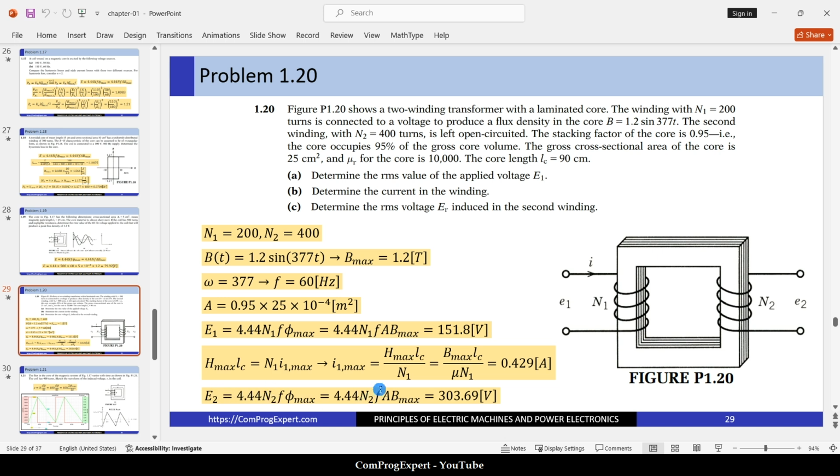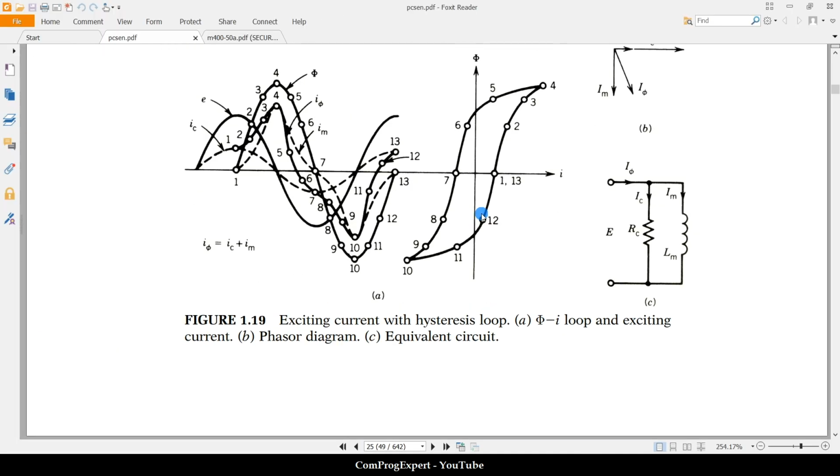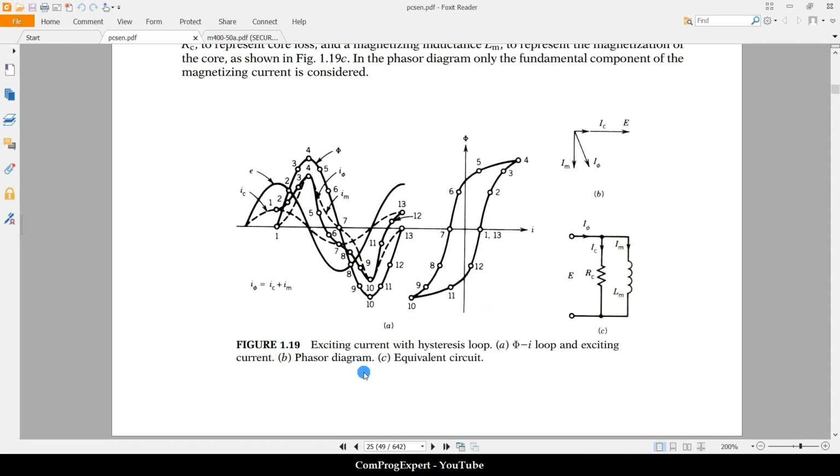And if you consider the numbers, the amount of the voltage is 303 volt. So using these assumptions, these simplifications, we can solve this important problem. You can review the chapter, review the points that we discussed, and review the solution procedure.